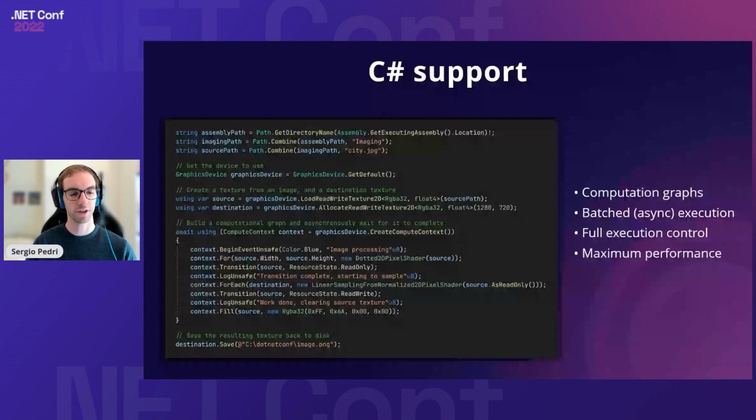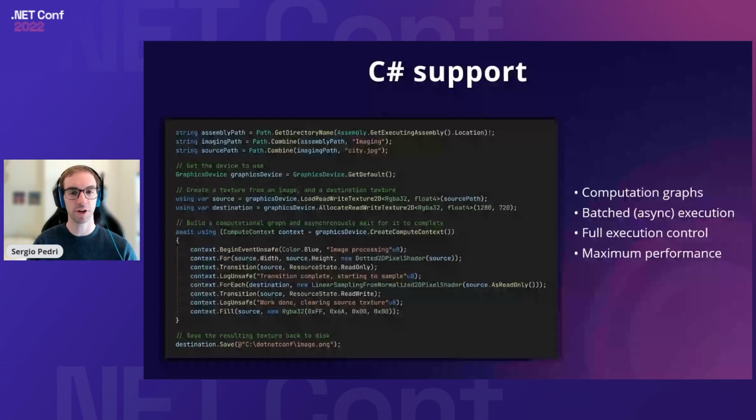And so if you look at what this actually looks like in practice, first, we are creating this compute context object, which is the API that ComputeSharp offers to actually queue all of these operations. Then we are preparing our custom computational graph. In this example, we are logging some messages, which will use the DirectX Pix library behind the scenes. Then we are dispatching some shaders. We are managing some resource barriers to synchronize access to shared resources across different shaders.